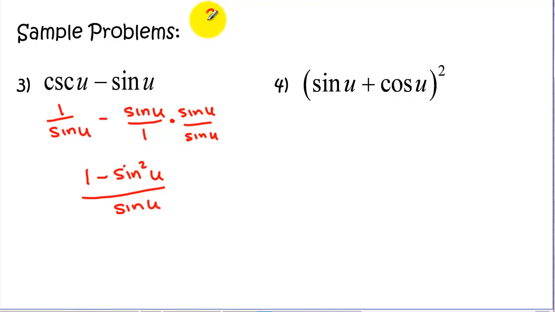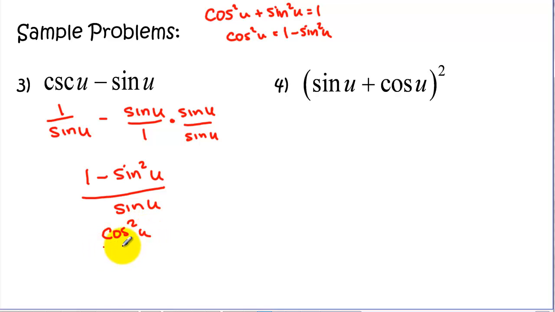And if we look at our Pythagorean identity, if I solve that for cosine squared, by subtracting the sine squared, I get, so now I have cosine squared of u over sine of u.